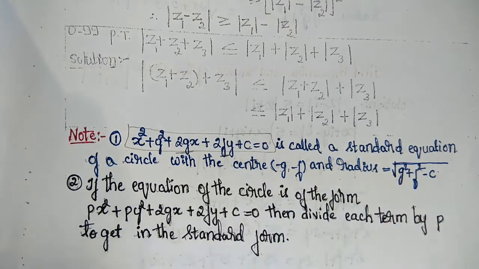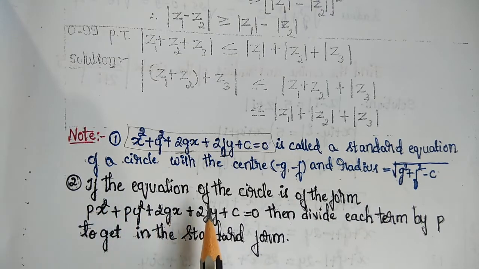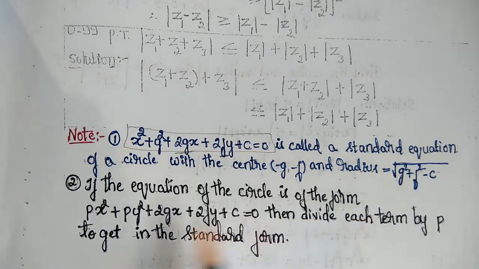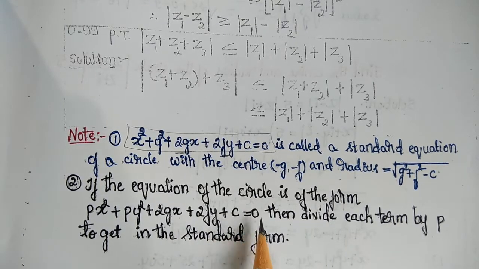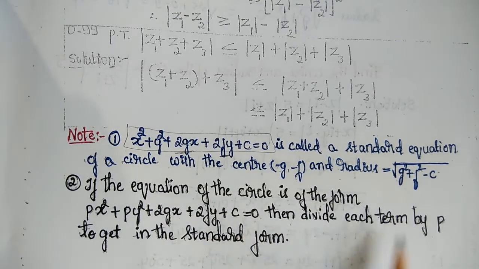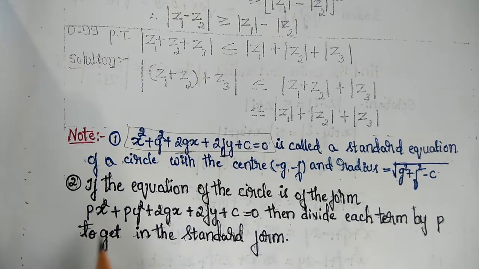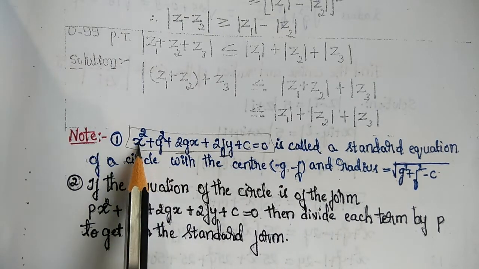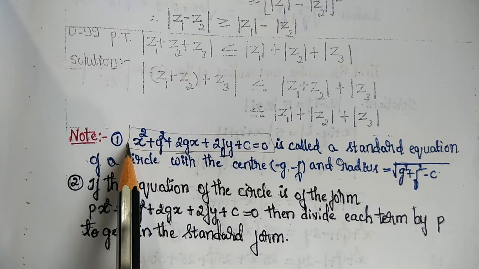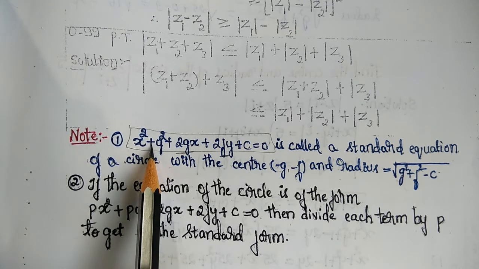So second note, if the equation of a circle is of the form px square plus py square plus 2gx plus 2fy plus c is equal to 0, then divide each term by p, because the standard equation of a circle is in the form x square plus y square. The x square coefficient is 1 and the y square coefficient is 1.